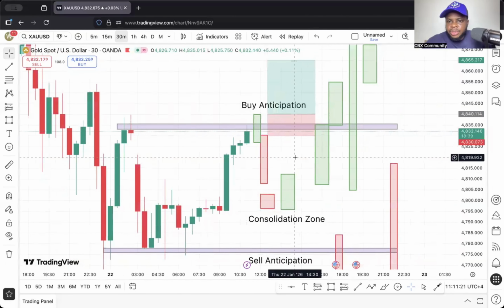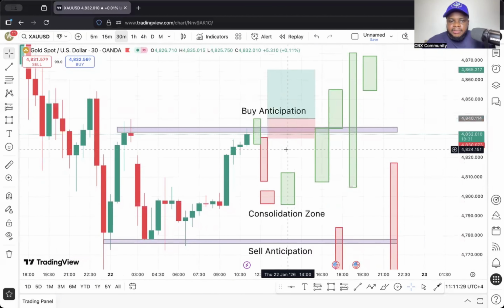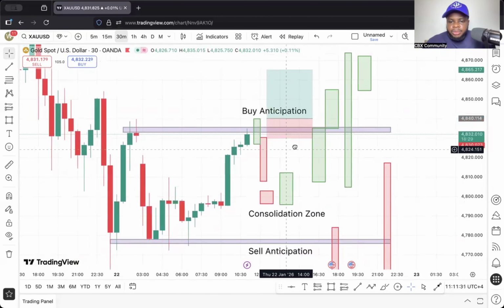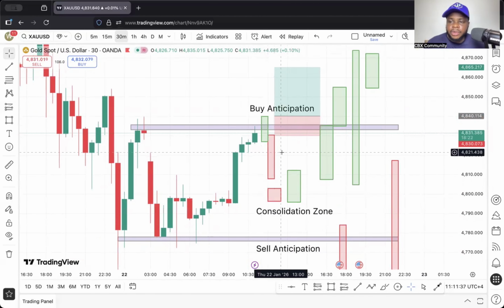So all we need to do is just be patient. We don't need to do anything until we are able to identify a structure before we are able to take a position. So for now, we don't need to do anything. This is the beginning of the London session, and we are anticipating volume to come to the market. So let's see what the market wants to do.